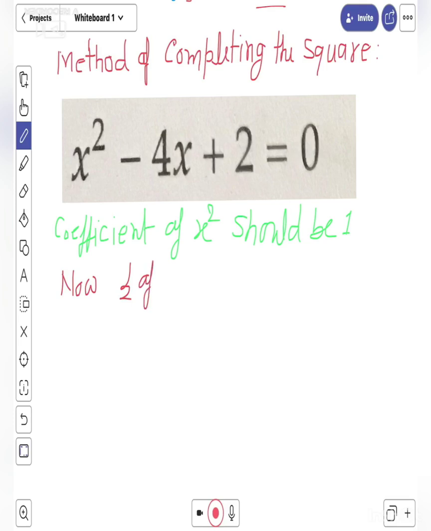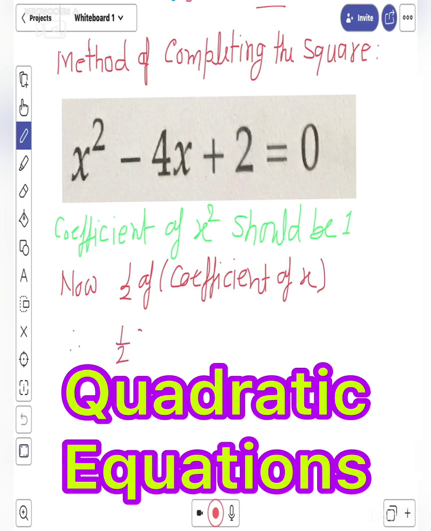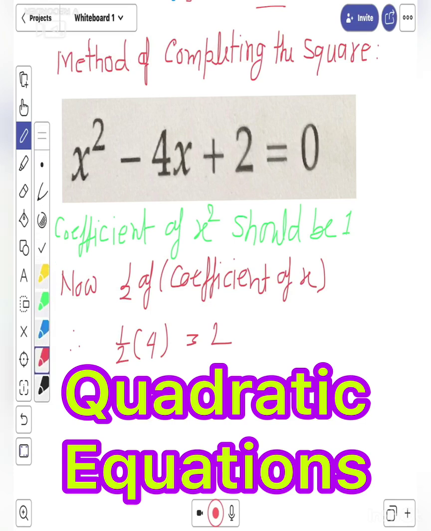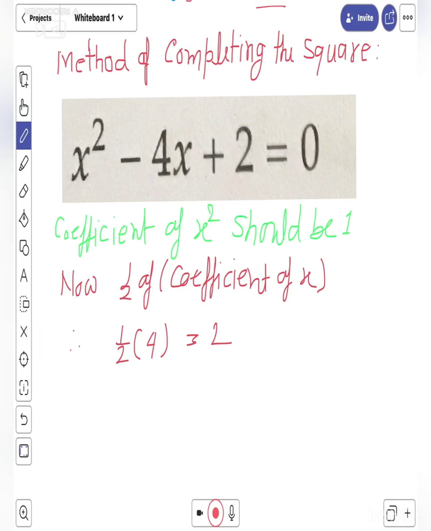Now, half of the coefficient of x. So here it is half of 4, that is 2.